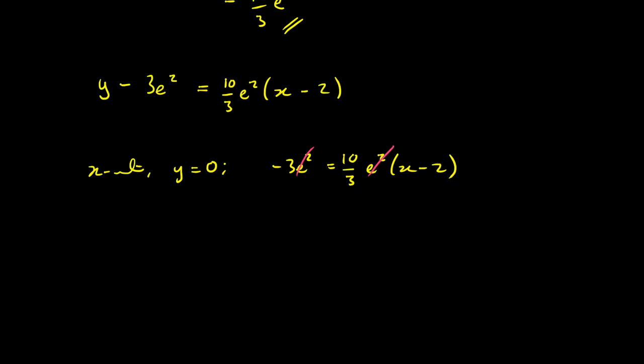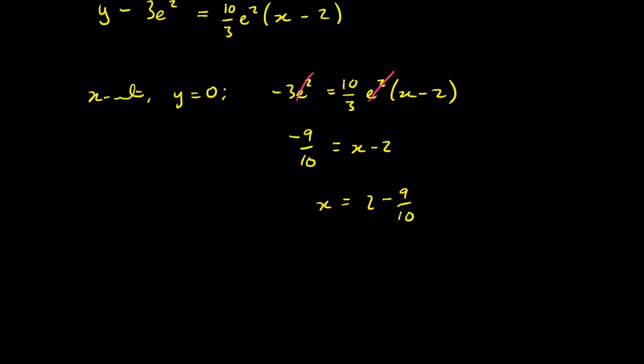So that's going to be minus 9 upon 10 is equal to x minus 2. So x is equal to 2 minus 9 upon 10, because I add 2 to both sides. So 2 can be written as 20 upon 10, so 20 upon 10 minus 9 upon 10 is 11 upon 10. So the coordinate of x is 11 upon 10, comma 0.